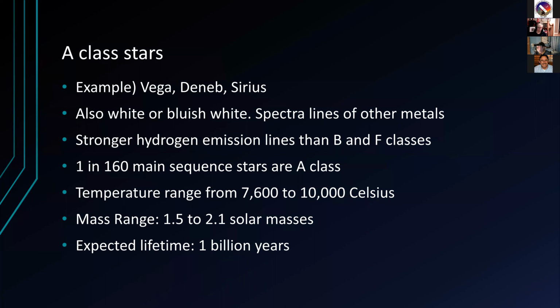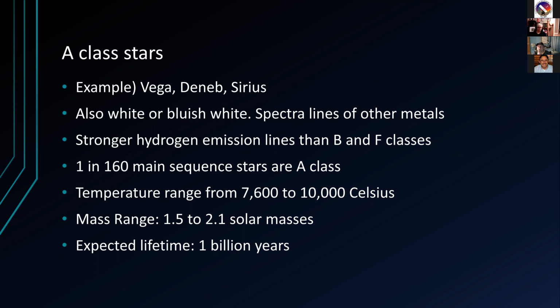From there, we have the A-class stars, which include our friend Sirius, who is coming up here in the night sky. These stars are kind of similar in color to B and O-class stars. They occupy this whitish blue part of the color spectrum.